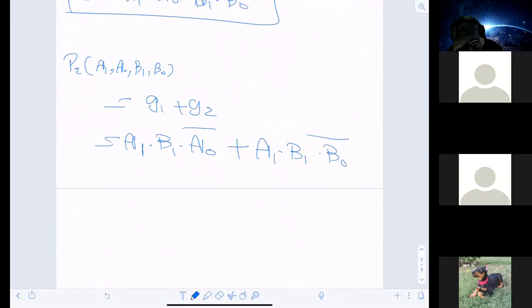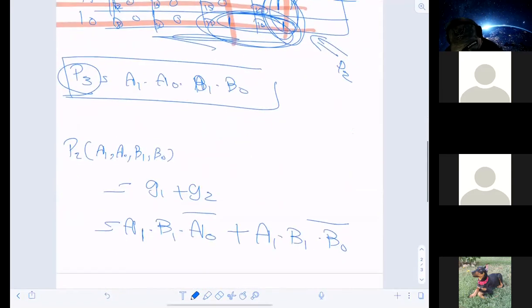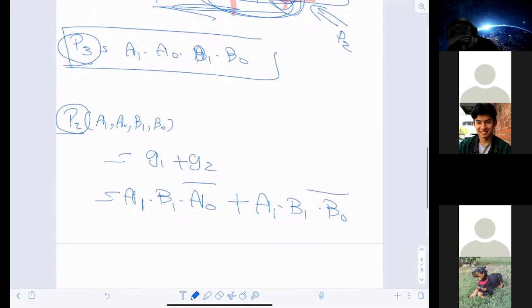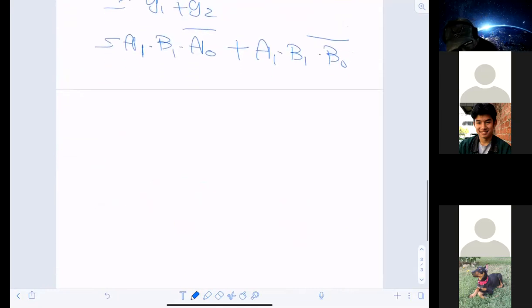Okay, so we have P3 in our hand. We have P2 in our hand, right? You can make P1 and P0, right? So it's straightforward. Then you can implement it with multiplexers, decoders, whatever. The other methodology is to say A1, A0 times B1, B0.